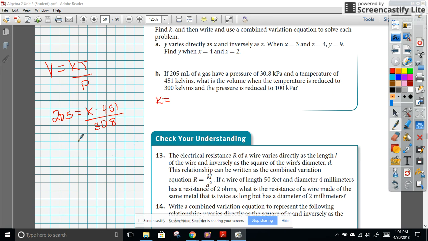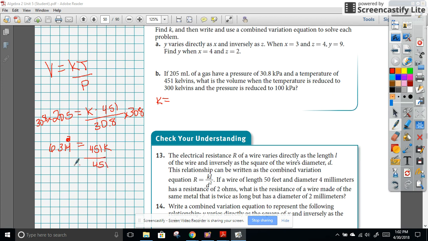So 205, we're going to start by multiplying both sides by 30.8. 30.8 times 205 equals 6,314, equals 451K.